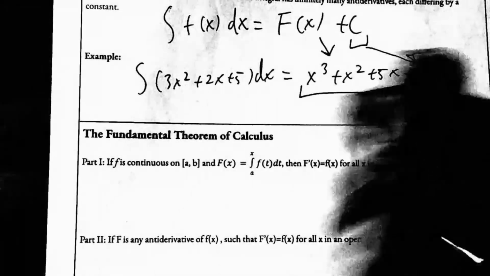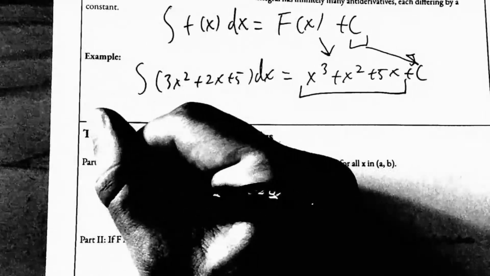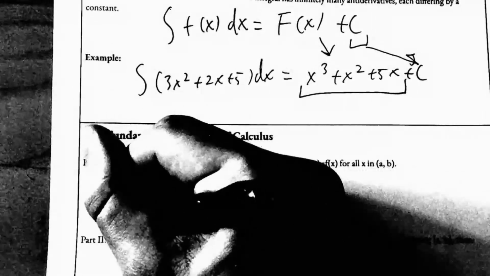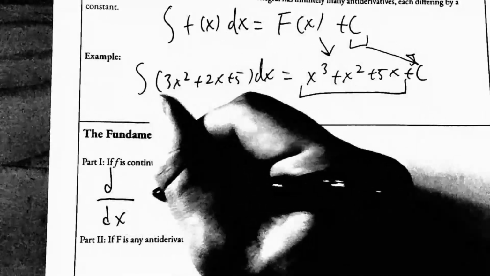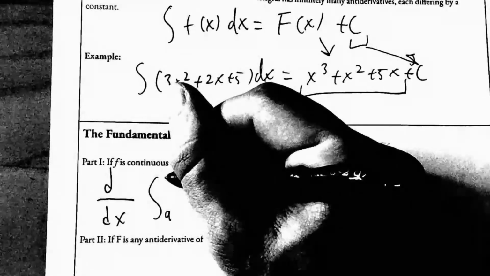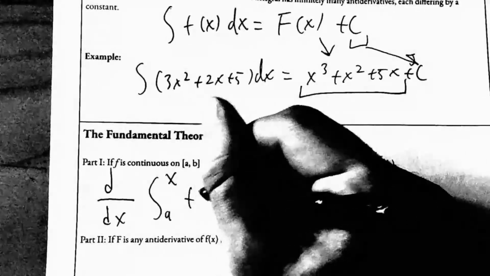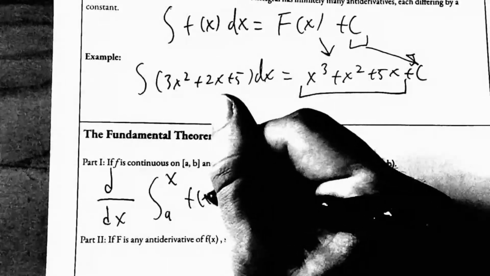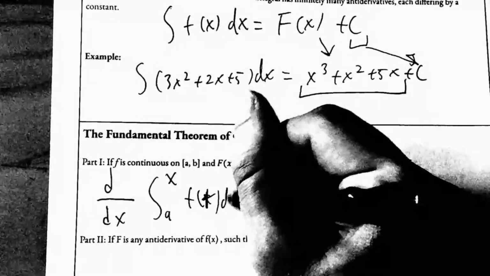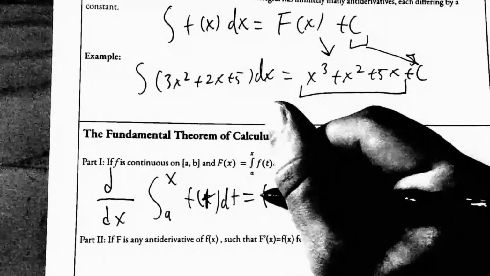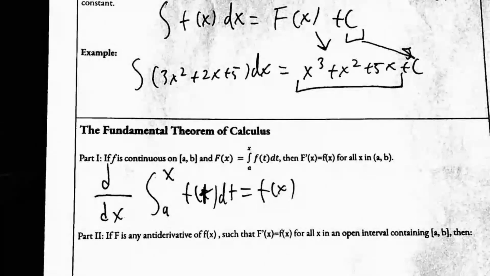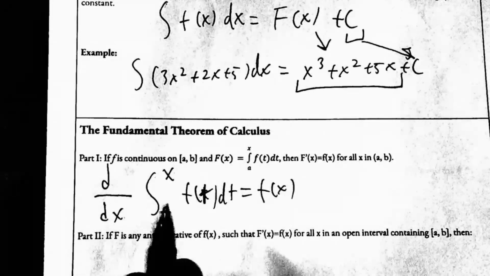So what this says is that the derivative dx of the integral from some a, doesn't matter what the a is, to some x, of f of t dt is equal to f of x. So essentially what it's saying is that these two things cancel each other out.